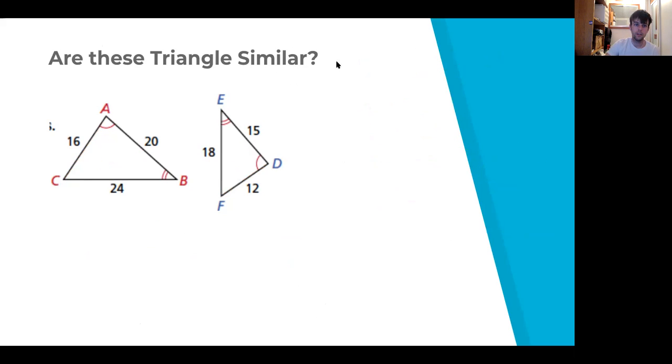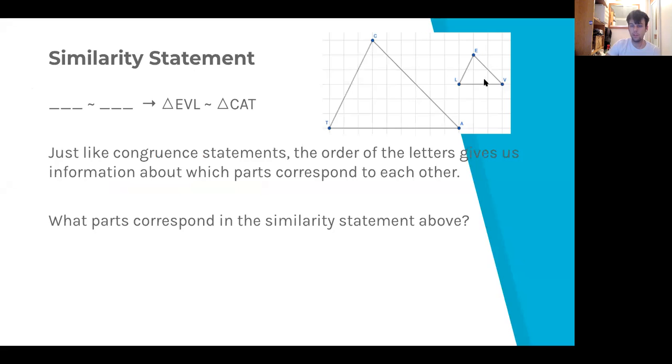Okay, let's go and clear this. So the next thing we have here is the similarity statement. So this is just like the congruent statement. The order that we name a triangle in a similarity statement, the way they're both named, they need to match up. So when you read it, you should be able to figure out any parts that you want that are going to match up.